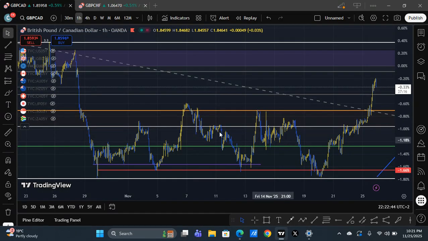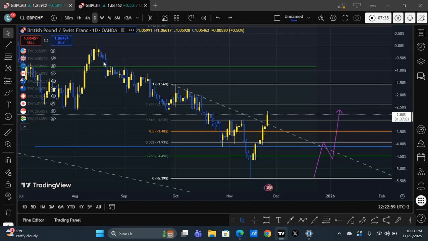The CHF at that time was the best currency. In fact, it's still the best currency to sell, but the CAD is actually taking over above the CHF as the best currency to sell.